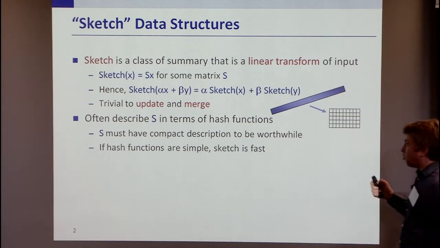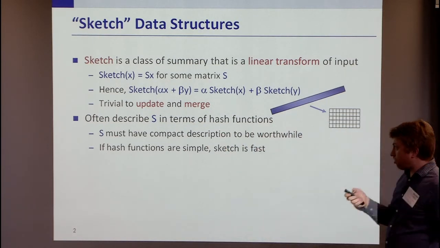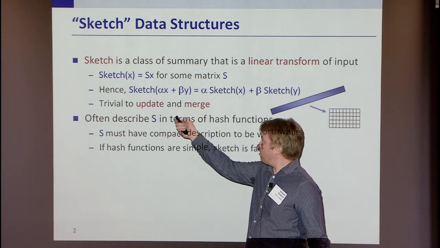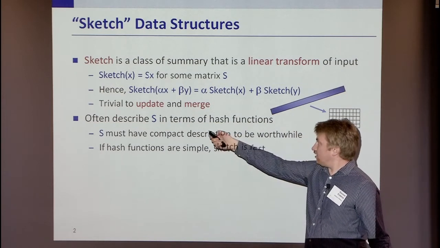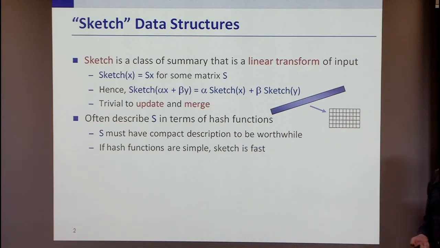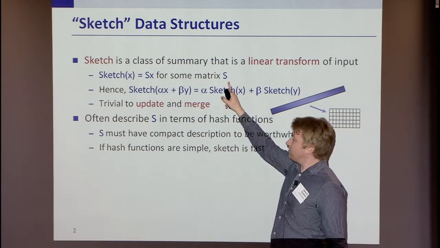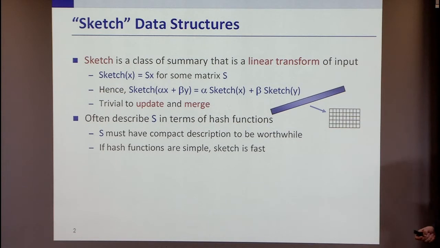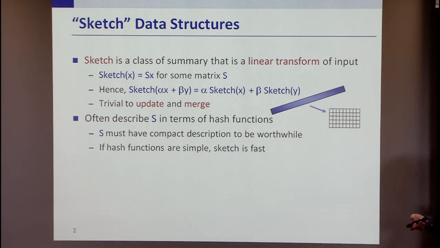Sometimes, more computationally, we'll think of them in terms of hash functions, because if I do think that X is so vast and high dimensional that I would never want to store it explicitly, then for sure S also has that characteristic. So I never want to think of really materializing S explicitly. I want to think of drawing columns of S or rows of X when I need it. So those columns or rows are going to be described in terms of hash functions that are compact and easy to essentially materialize individual entries of the sketch matrix on demand.